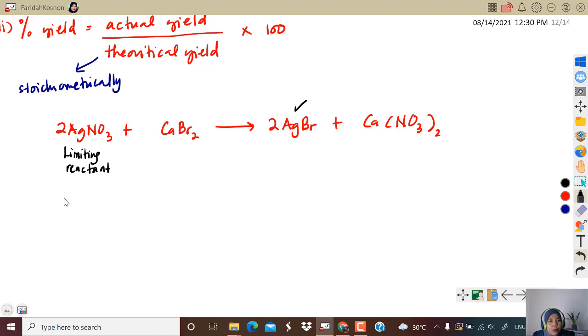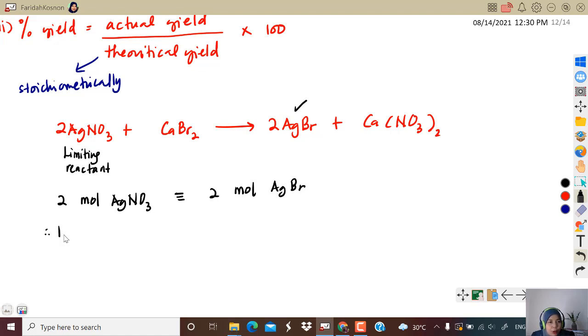So from the equation, 2 mole of silver nitrate produces 2 mole of silver bromide. Jadinya sekarang how many moles of silver nitrate yang kita ada initially or given to you.